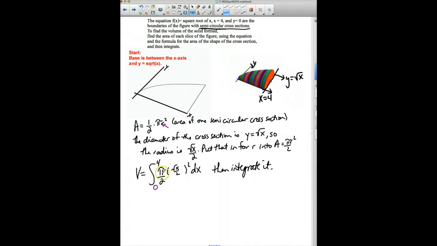The only reason we have pi involved here and the squaring is because our equation for area has a pi r squared, because the semicircle is the cross section. So this right here will always just be the area of the cross section, and the equation for the area of the cross section will always be based on some equations that we have in our boundaries. Okay, and then we integrate it.